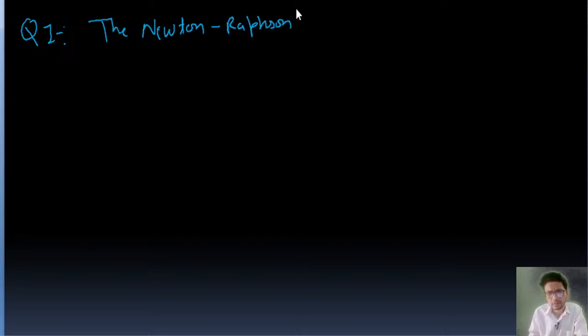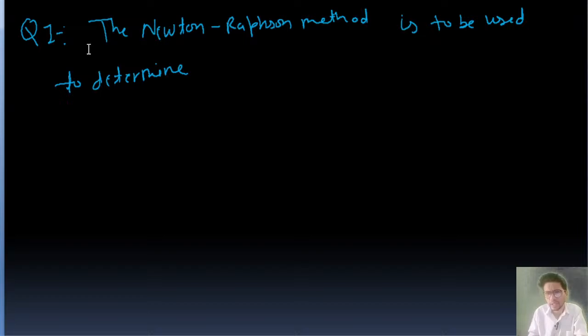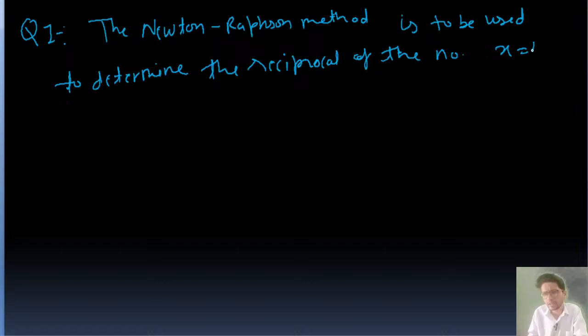Question is, the Newton-Raphson method is to be used to determine the reciprocal of the number x equal to 4.